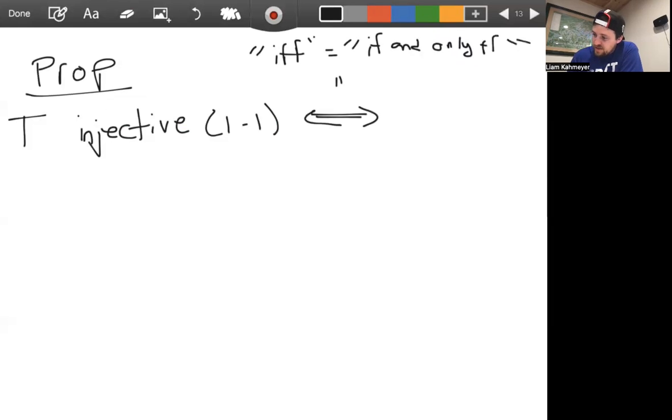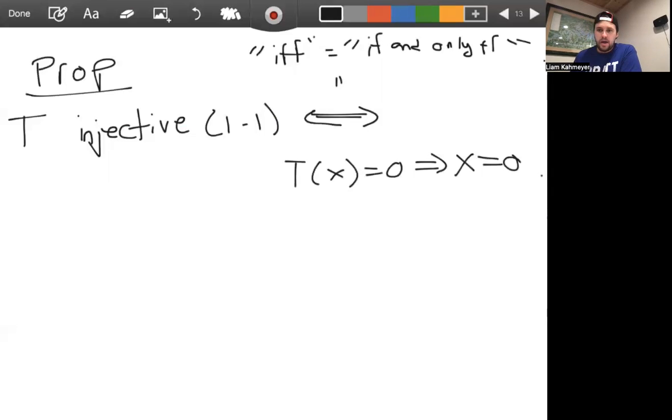Logically, the statement if and only if means both directions imply one another, like A implies B and B implies A. That's why we have the implication arrows in both directions here. So T is injective if and only if T of x equals 0 implies that x is 0.